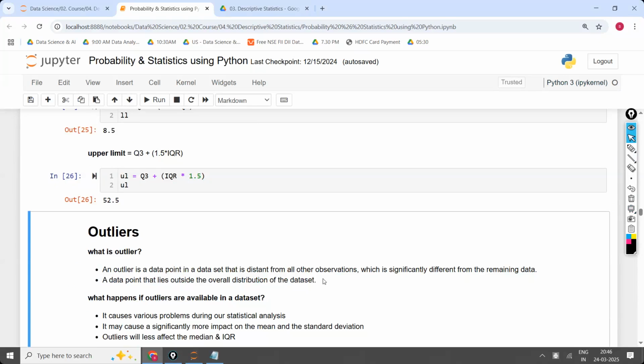Now, if one student of 50 years age is sitting in the class, that person is considered as what? As an outlier for this data set. Is the point clear? For this data set, that 50-year-old person is considered an outlier.